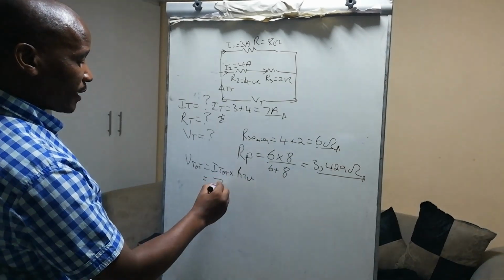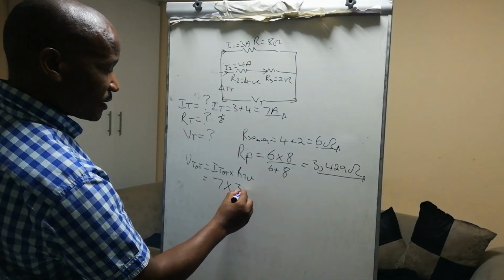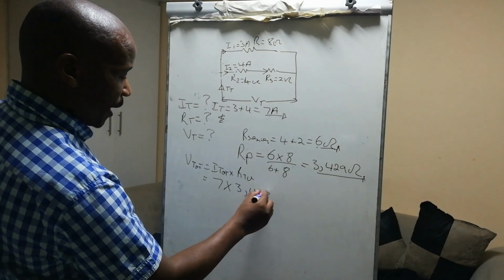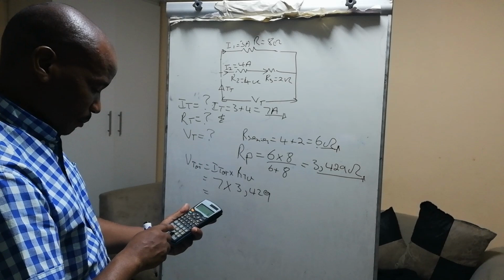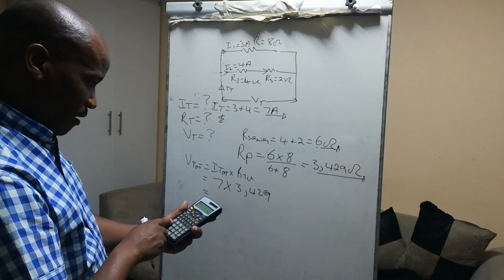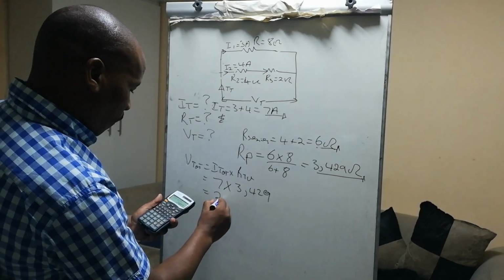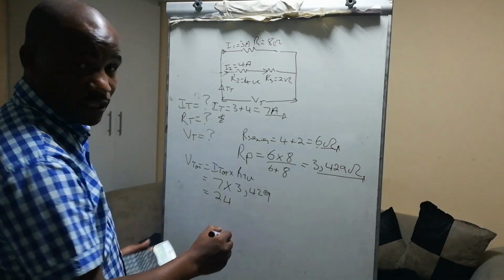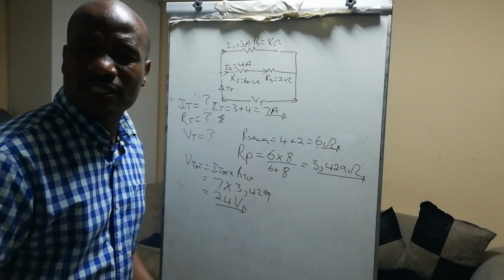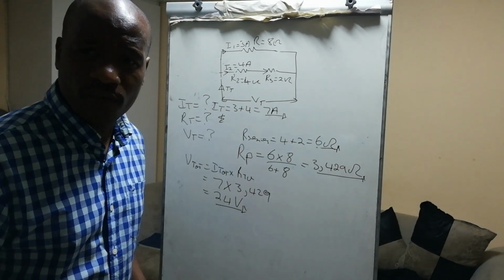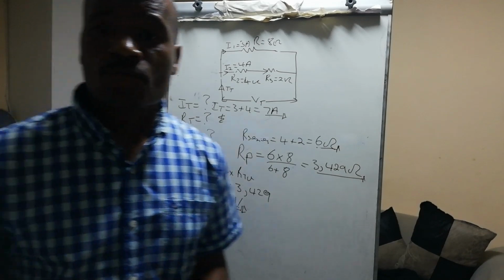And the total current is 7 multiplied by the total resistance, 3.429. 7 multiplied by 3.429 is equal to 24.003 volts. You can say 24 volts. 24.003 volts is the same as 24 volts. And those are your answers, guys.